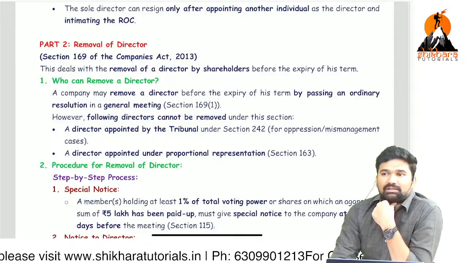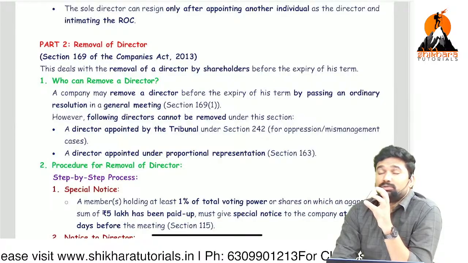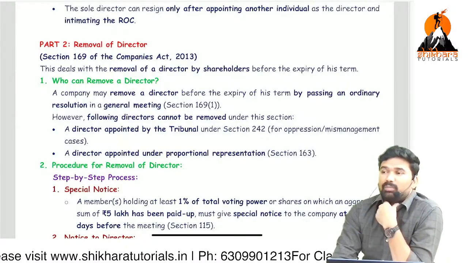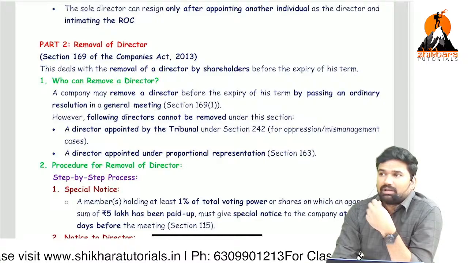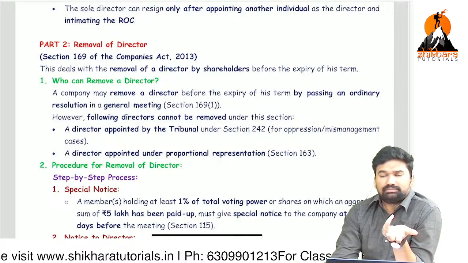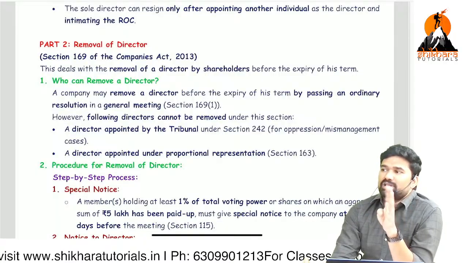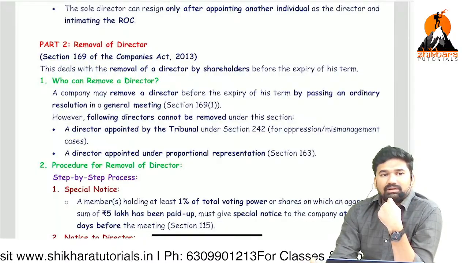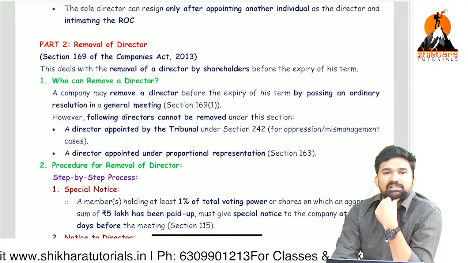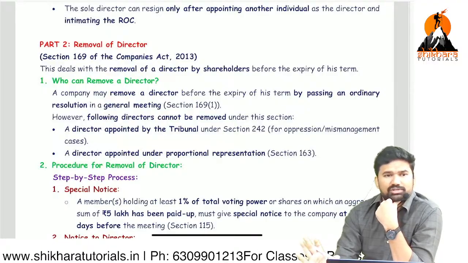In general, who has the appointing authority to appoint directors to the company? Members. By which resolution are they appointing? Ordinary resolution. Special resolution is not required. Just an ordinary resolution is enough.